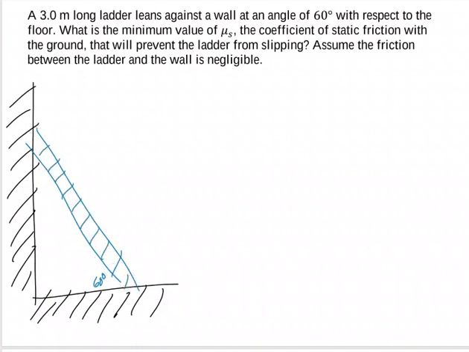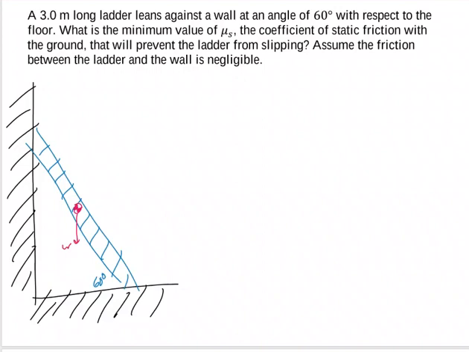All right, so there's our ladder. Now, what is going on with this ladder? Well, the ladder is going to have a center of gravity right in the middle of the ladder. And that will have a weight vector down, of course.